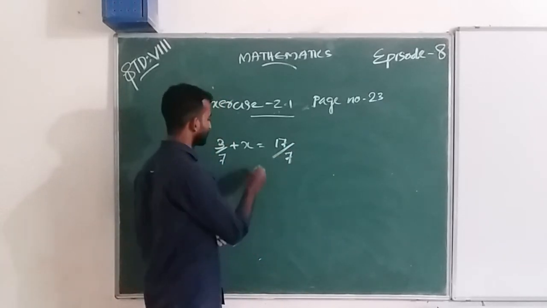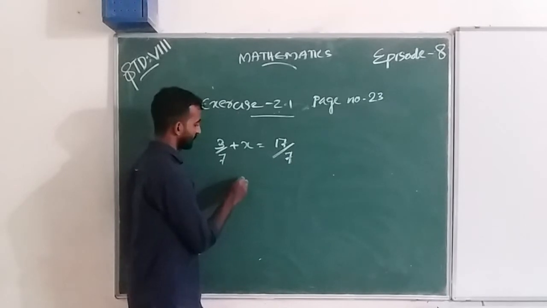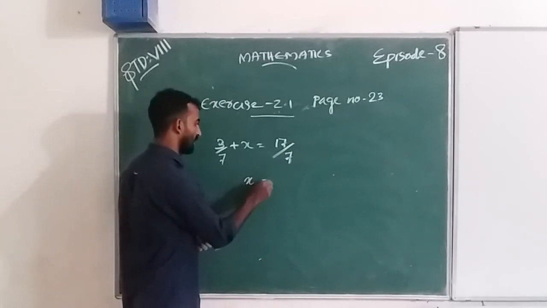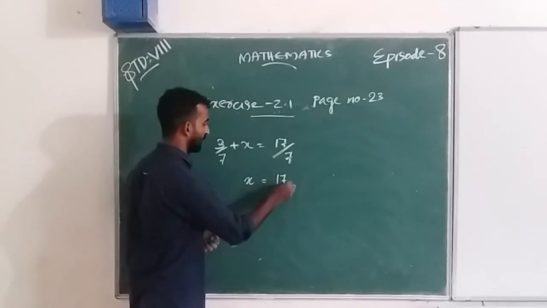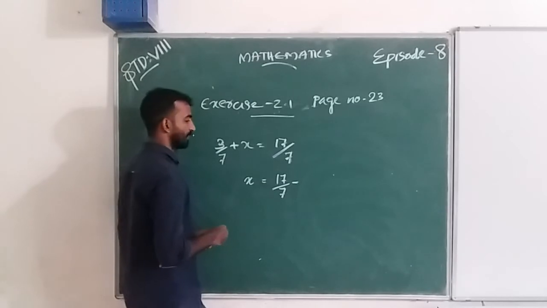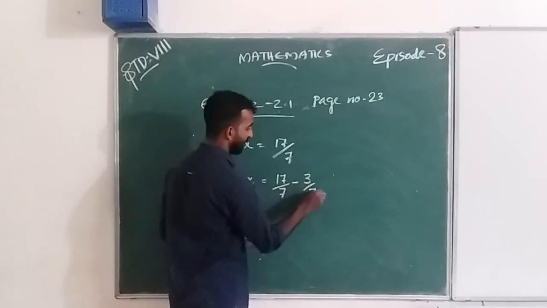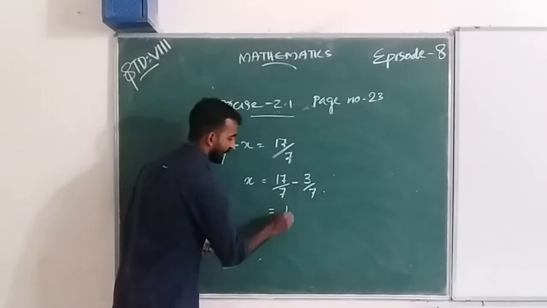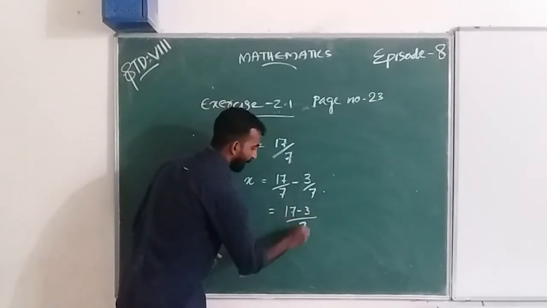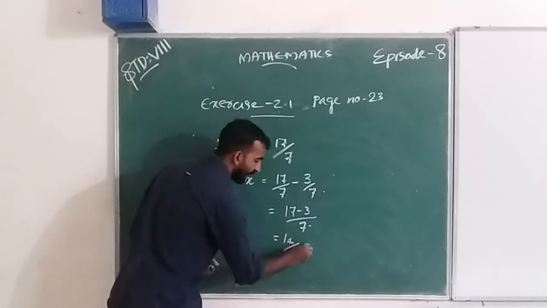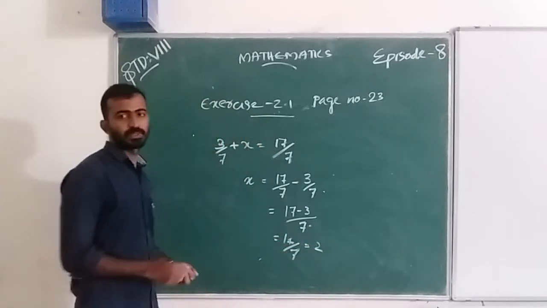That is here x equal to 17 by 7 minus 3 by 7. That is 17 minus 3, 14 by 7. We can write x as 2.